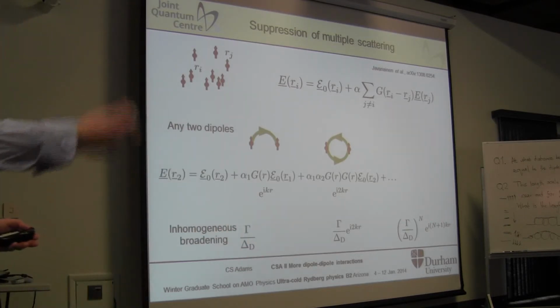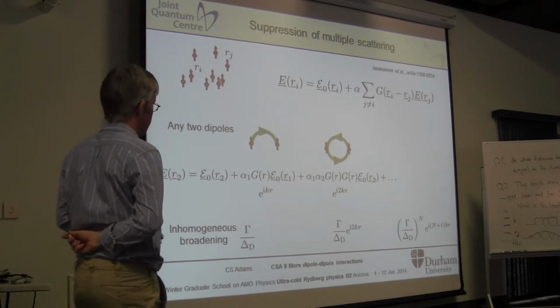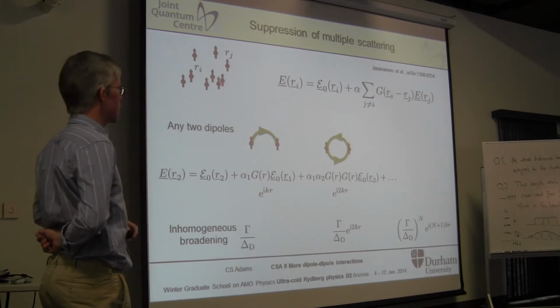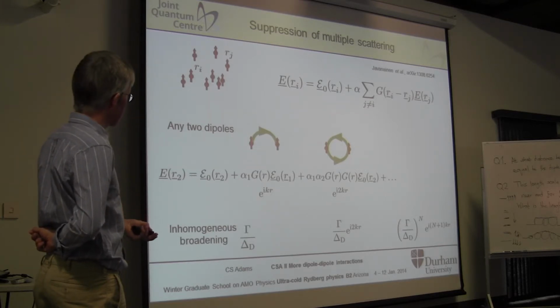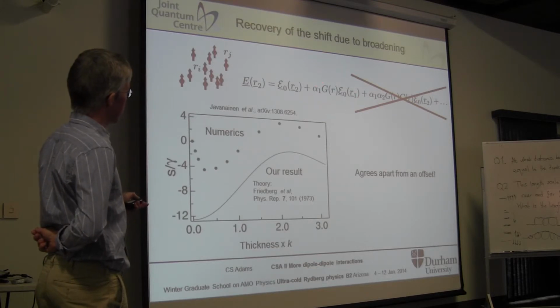So the probability of getting these multiple scattering events, or exchange of photons, or many photon hopping, is attenuated by the fact that we have a thermal gas with random motion. And so we have to truncate this series now. So we truncate this series at the first term, and this is the only one that survives.